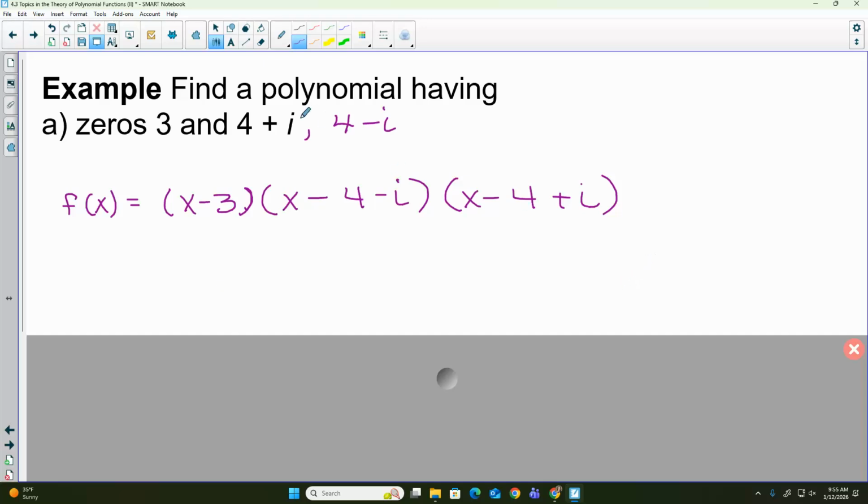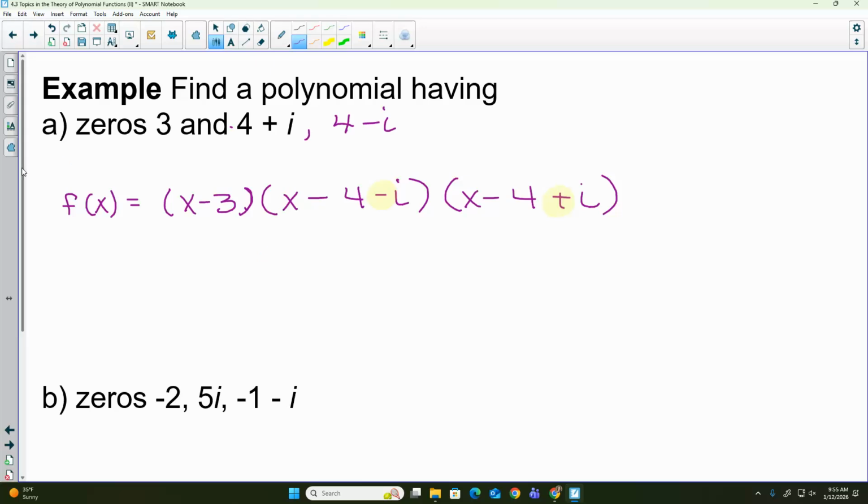No, not a bit. You notice the only difference between these last two parentheses is the i's have opposite signs. That's because they're conjugates. If you chose to spend the time multiplying all this out, we would end up with i squared, and what does that turn into? -1. And so the actual polynomial, when it's multiplied out, wouldn't have any i's in it, but it factors this way.